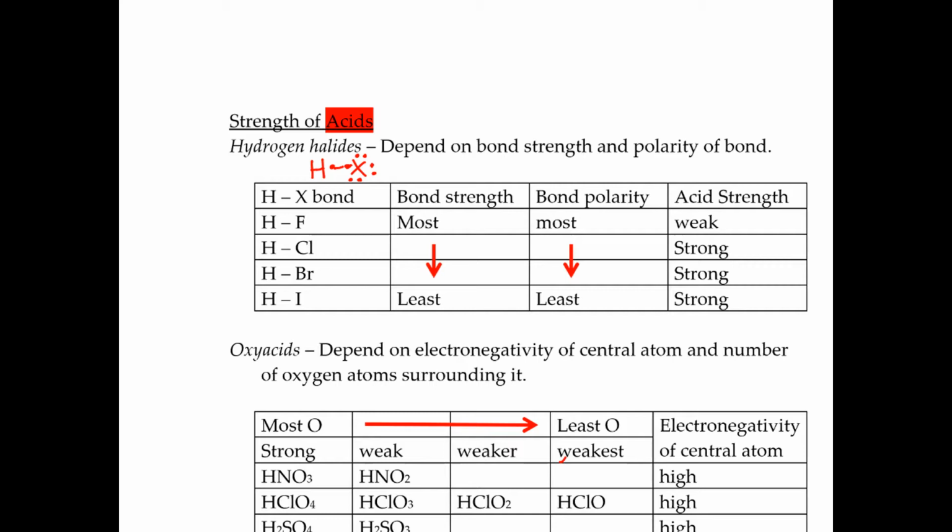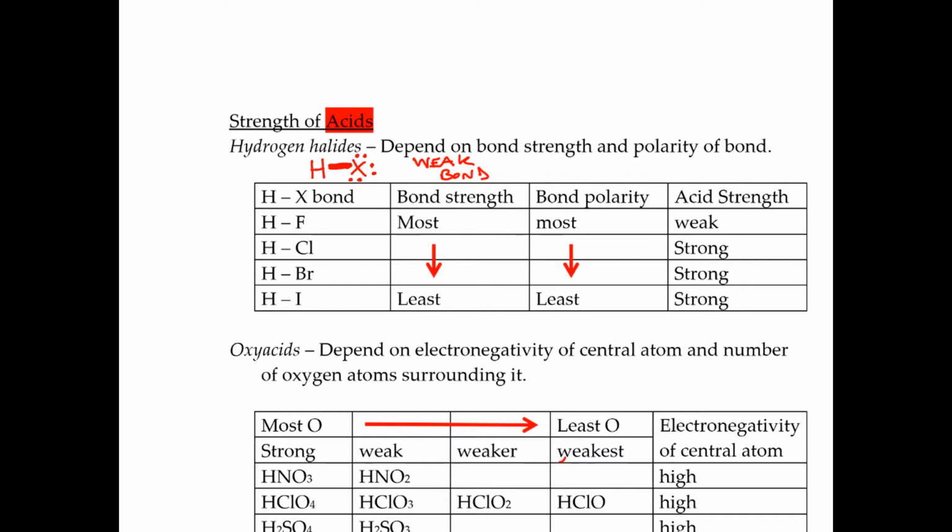The strength of this bond will contribute to whether this is a strong or weak acid. If it's a strong acid, you want this bond to break easily. If the bond breaks easily, that means it must be a weak bond. So to be a strong acid, you need to have a weak bond.